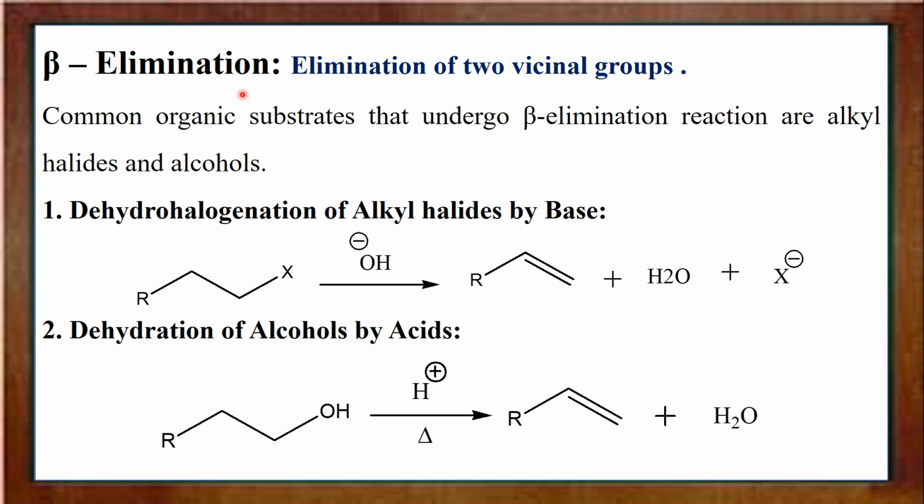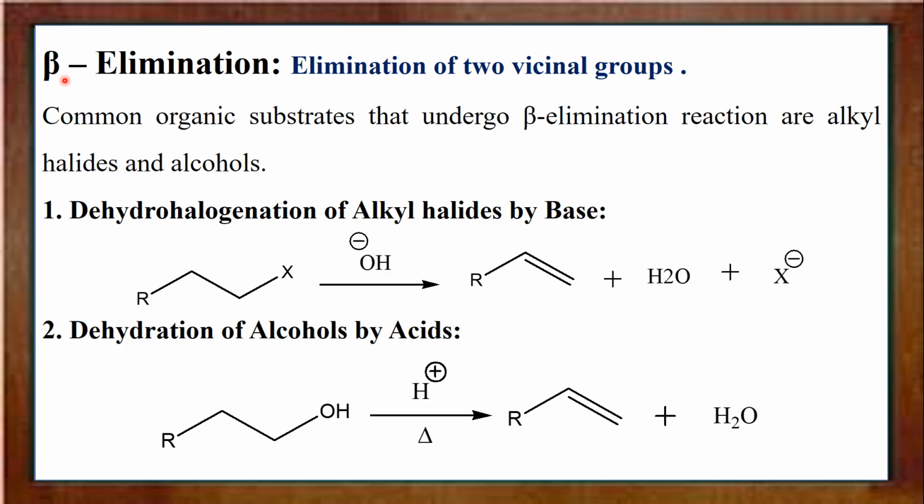But in beta elimination, or alpha comma beta elimination, two groups are eliminated from vicinal carbon atoms. Two groups are eliminated from adjacent carbon atoms. The groups connected to adjacent carbon atoms are called vicinal groups.